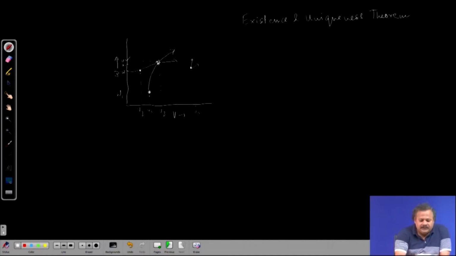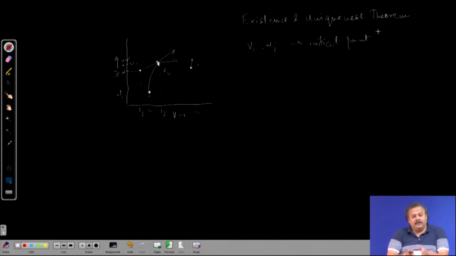Now, if this is, let us say, Vi and Wi, then if we started the system at Vi and Wi as the initial point, there must be two solutions at that point.